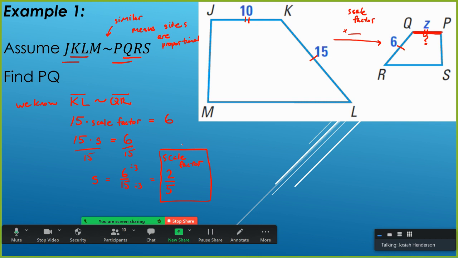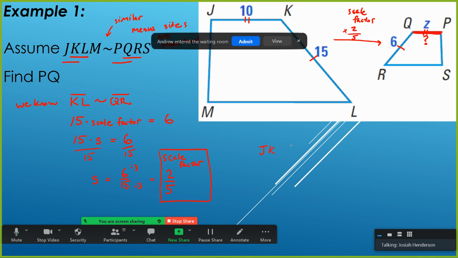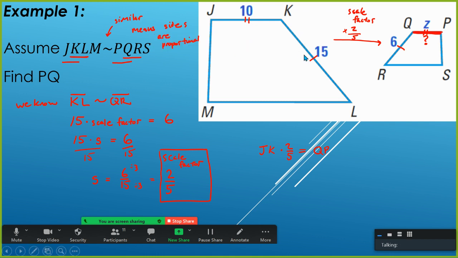So how are we going to use this to find the missing side PQ labeled Z? Well, that means the side JK times the scale factor, which we found as 2/5, should give us QP. So now I'm basically saying this, JK times 2/5 equals the little side, QP. Plug in the parts we know.